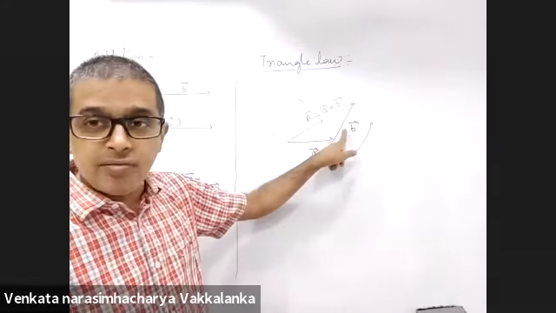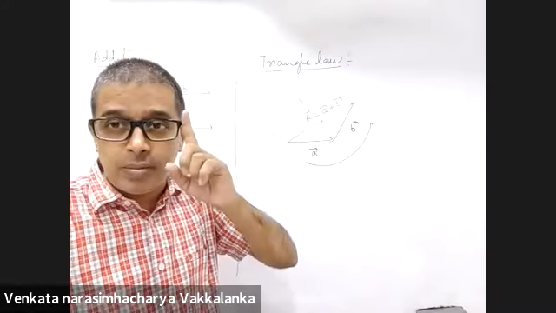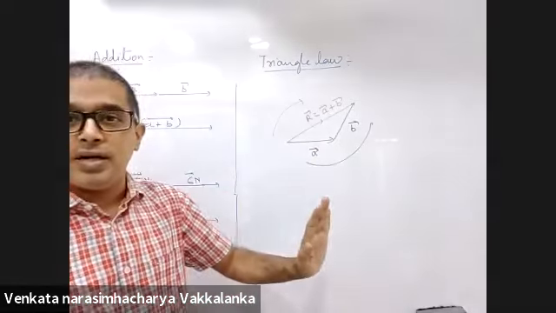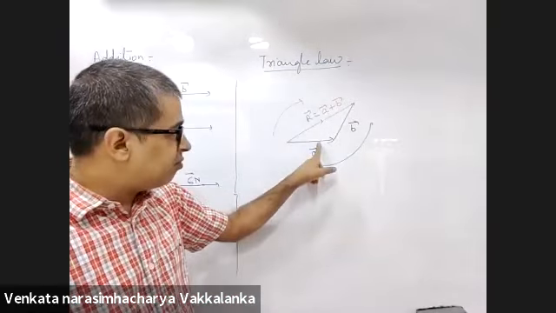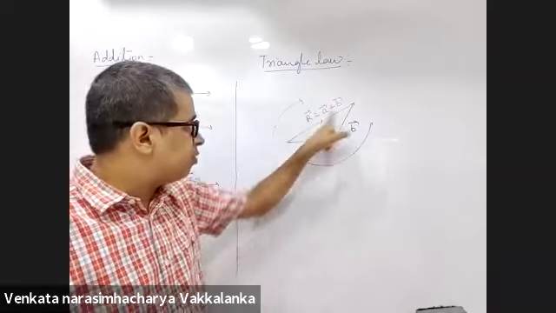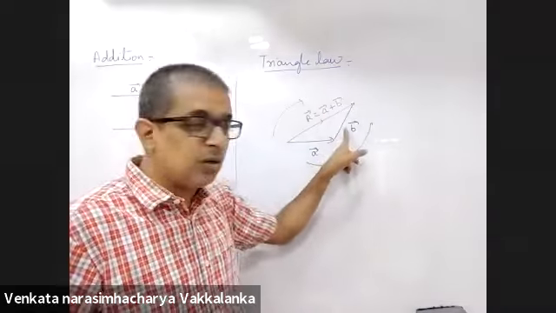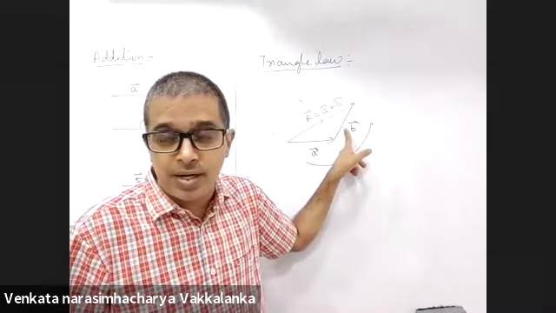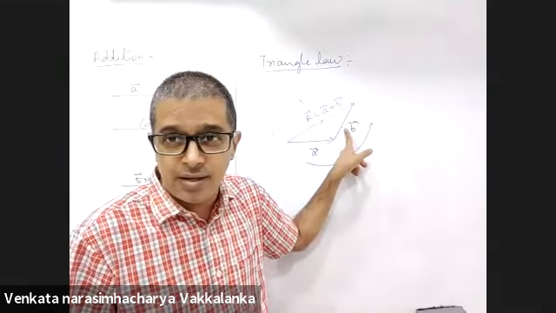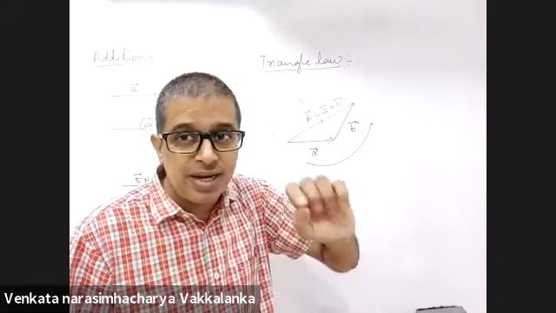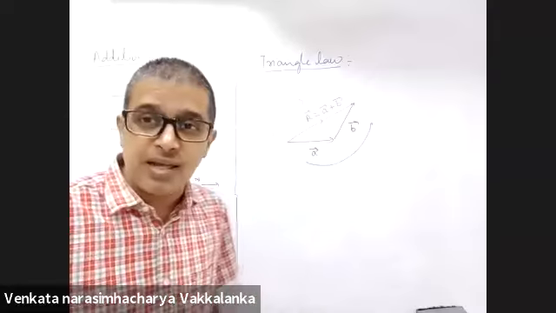Here this length will be lesser than 7. The sum of two sides of a triangle will be greater than the third side of the triangle.